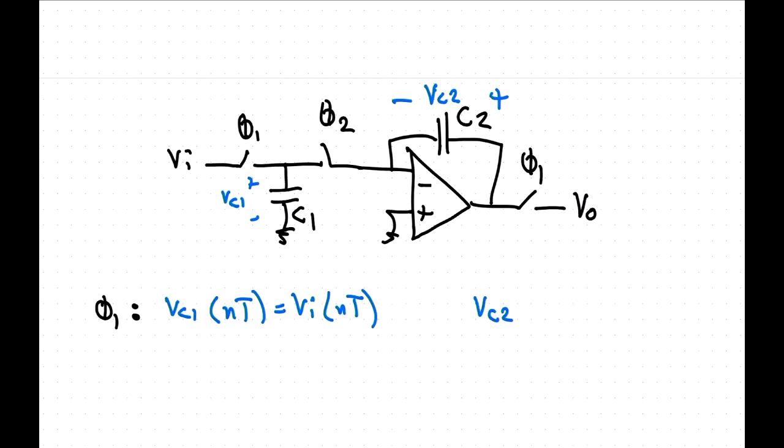During clock phase 1, this is closed. We've got 0 volts here, so the voltage across C2 with that sign is equal to the output voltage. So VC2 of nT is equal to Vout of nT.